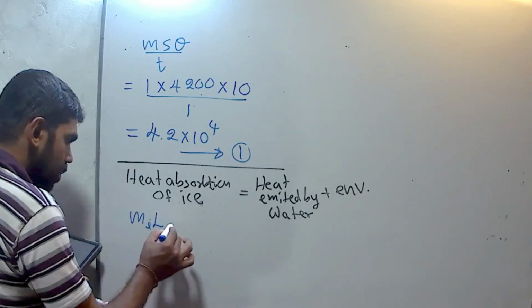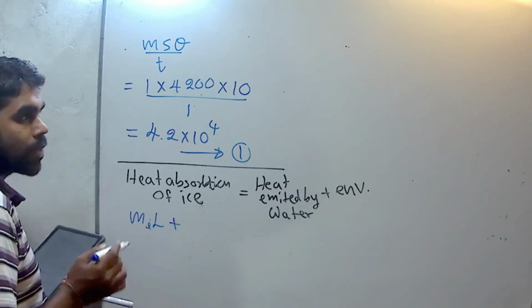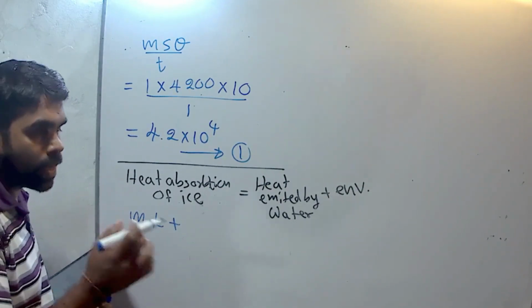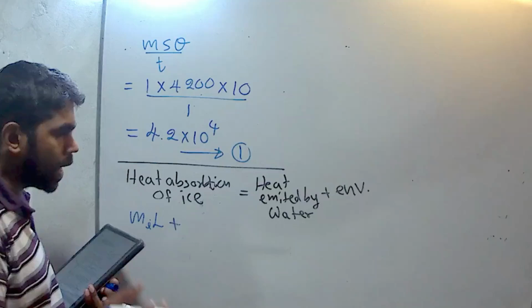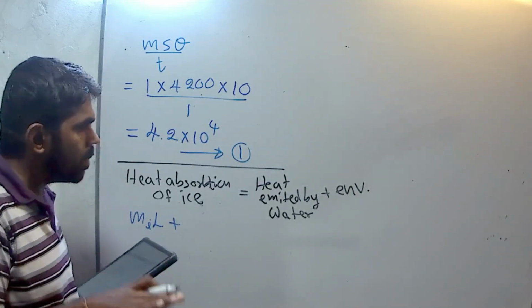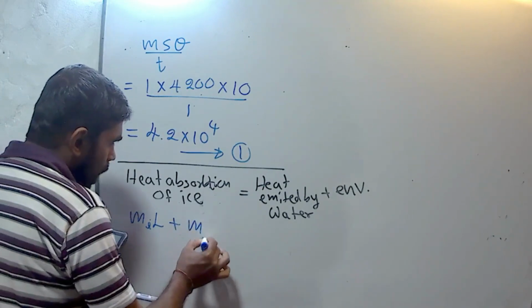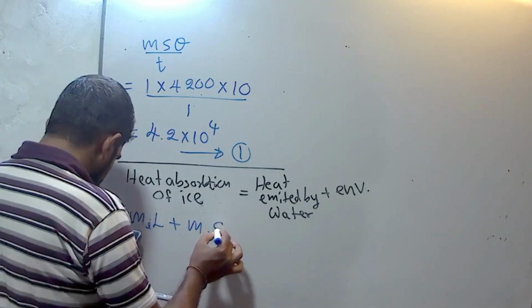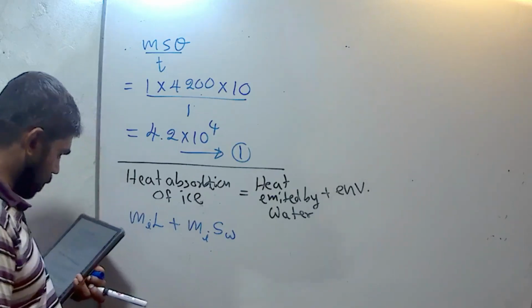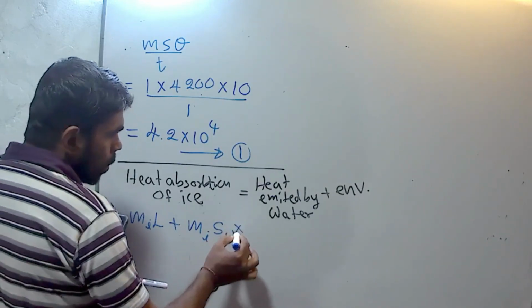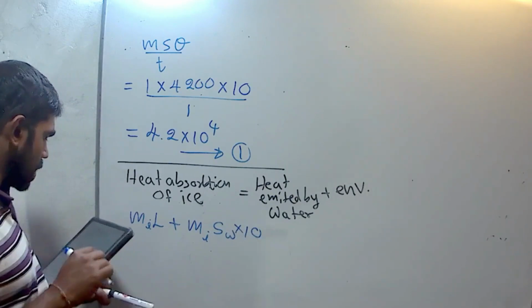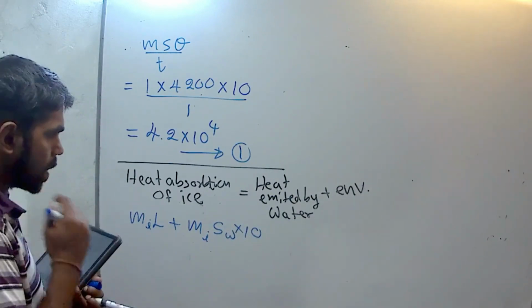L to melt. After melting, its temperature should be increased up to 10 degrees, 0 to 10. 10 is the minimum temperature we have found. Then Mi Sw, specific heat of water, 0 to 10 degrees means there is a temperature change of 10 degrees.